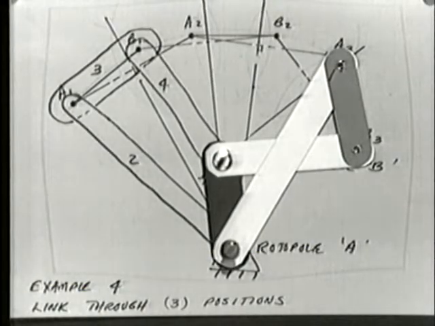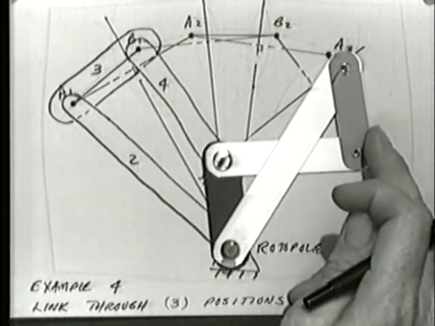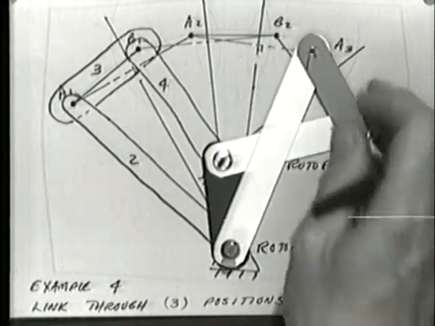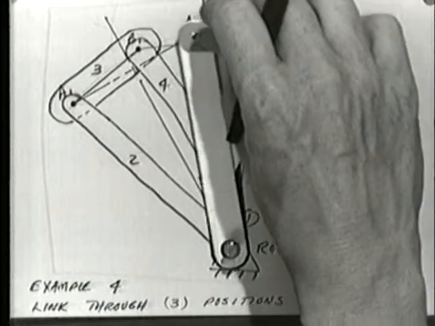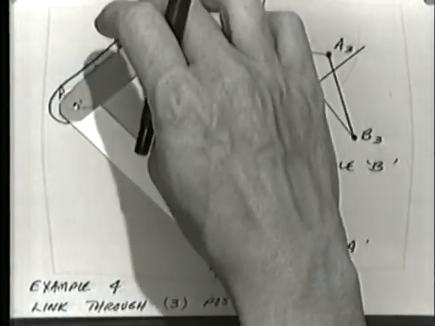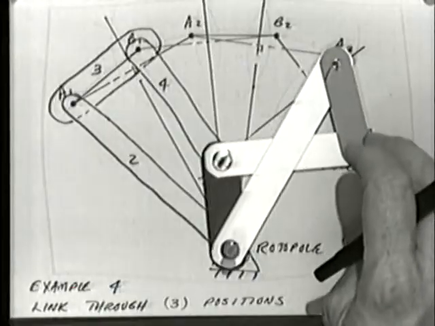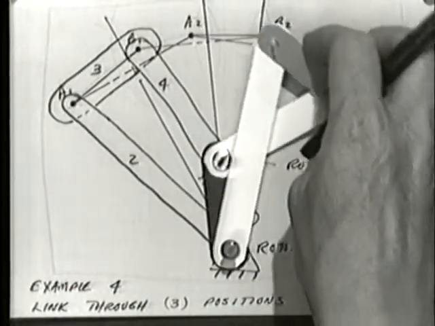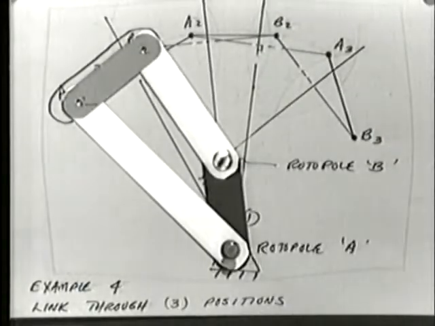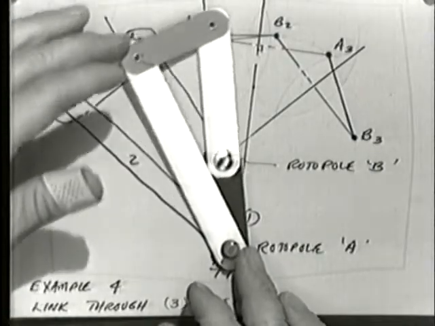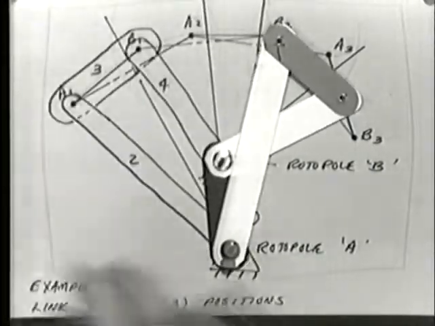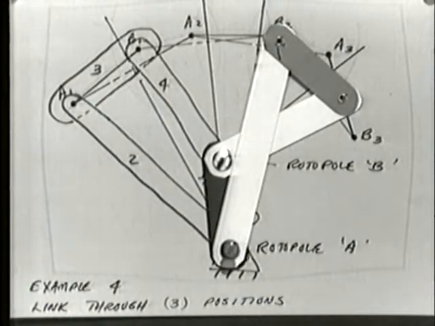Now it's quite possible that the technique just demonstrated may not work in a given case. It may turn out that you cannot move these links through all of the motion necessary to get from the first to the last position without disassembling them, because it might happen that there is a limiting position of links being collinear in between, depending upon the particular relative positions of the 3 link positions that you started out trying to solve for.